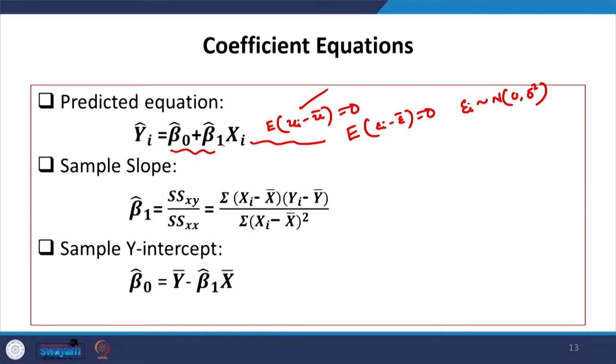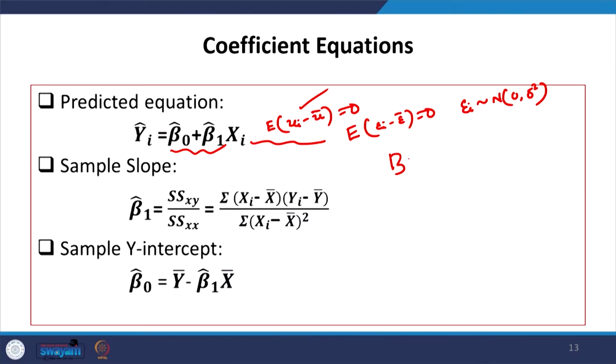So, whatever is left is the estimated value in terms of beta naught hat and beta 1 hat. Based on this we can finally estimate the values of beta 1 hat and beta naught hat. You can further check whether the beta values fulfill the BLUE properties, best linear unbiased estimator.